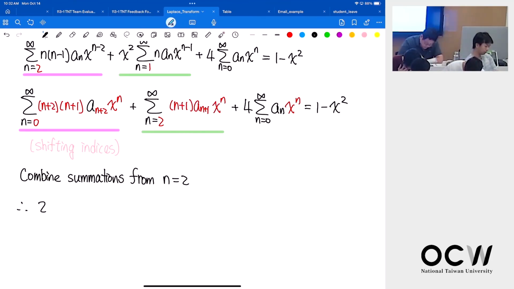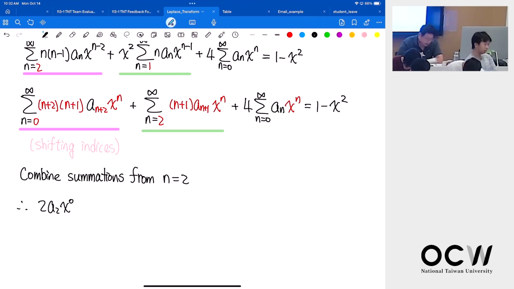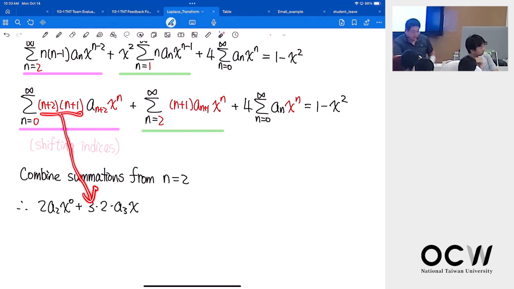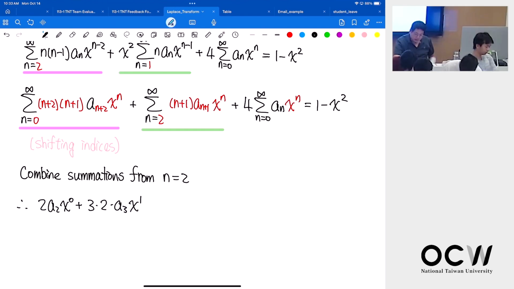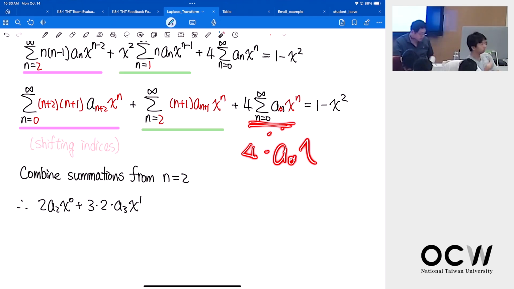When n equals 1, we have 3 times 2 times a3 x. And for this part, when n equals 0, 4 times a naught x.